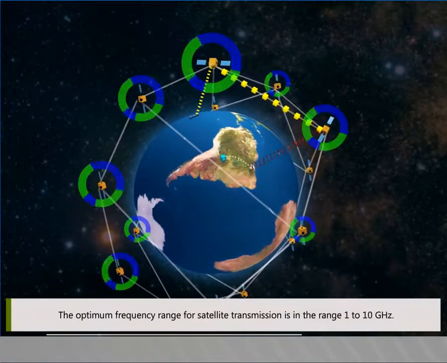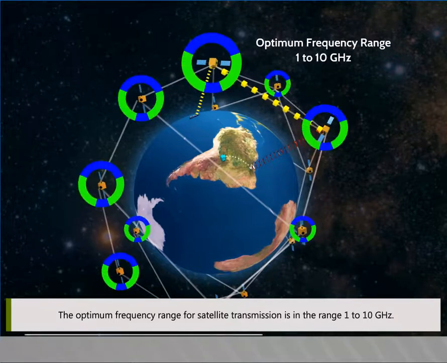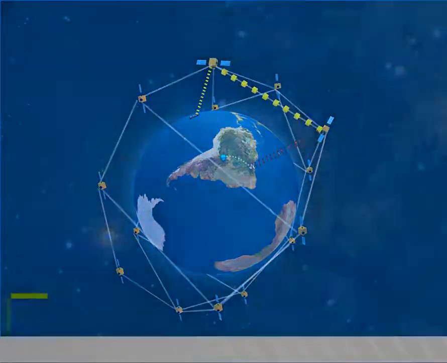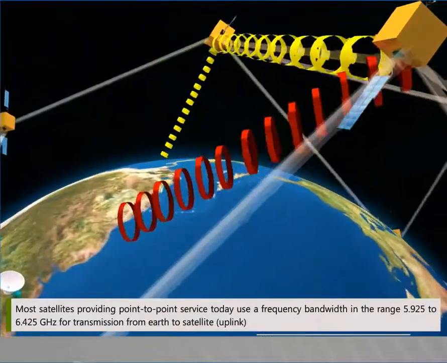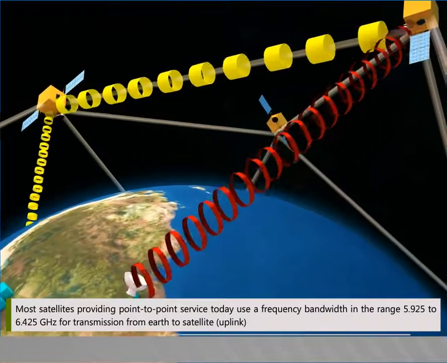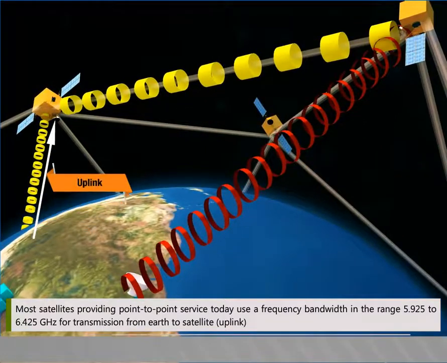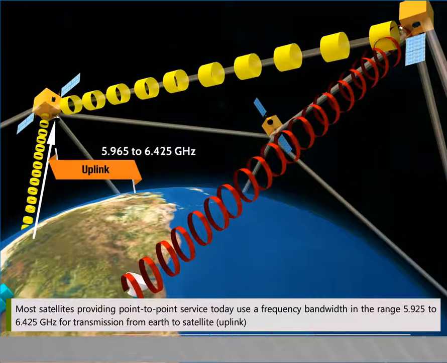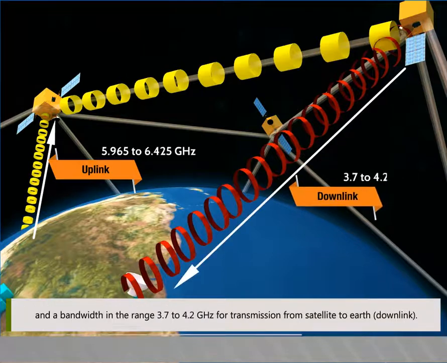The optimum frequency range for satellite transmission is in the range of 1 to 10 GHz. Most satellites providing point-to-point service today use a frequency bandwidth in the range of 5.925 to 6.425 GHz for transmission from Earth to satellite, that is uplink, and a bandwidth in the range of 3.7 to 4.2 GHz for transmission from satellite to Earth, that is downlink.